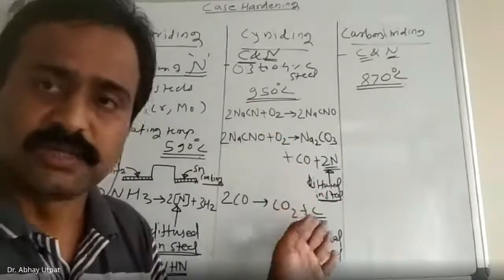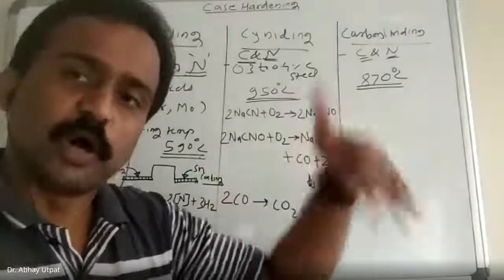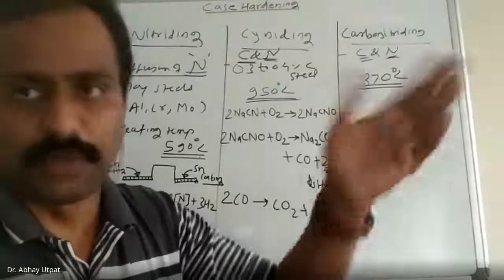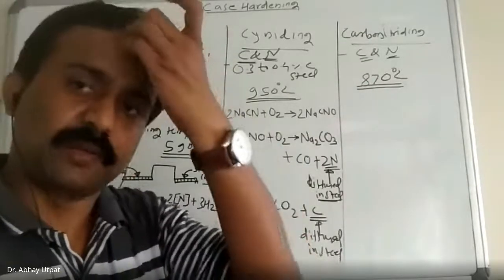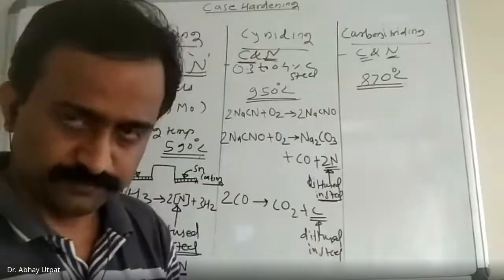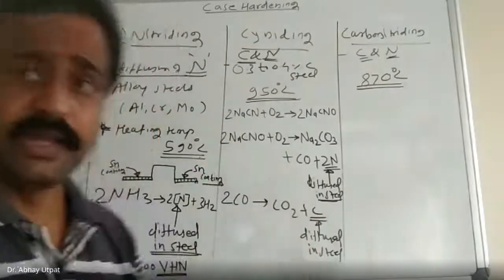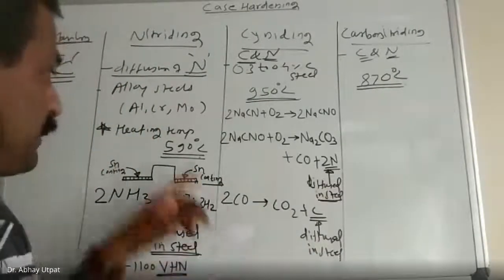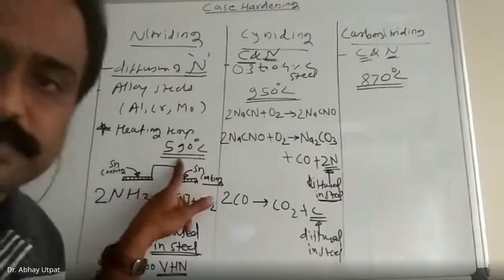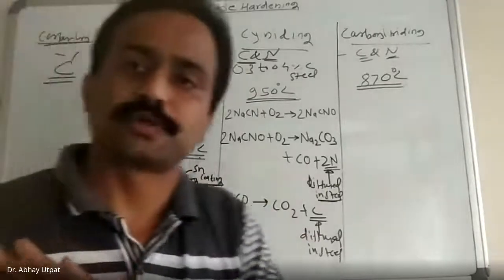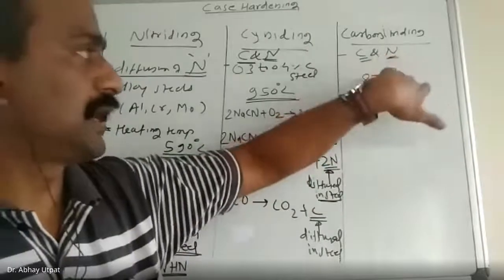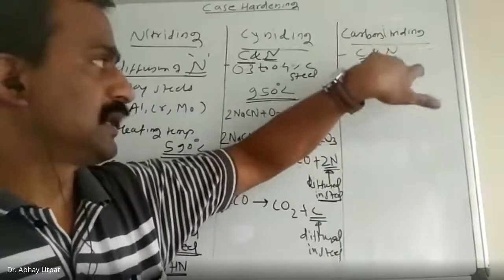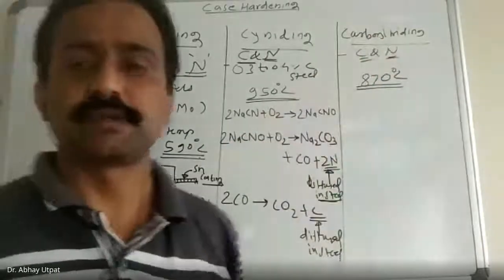Once you heat, austenite is produced, and you are going to quench it afterwards. Austenite is converted into pearlite or martensite, depending upon your quenching. But in nitriding, as the heating temperature itself is 590 degrees Celsius, there is no formation of austenite. Okay, so carbonitriding is carried out in a gaseous atmosphere at around 850 to 870 degrees Celsius.